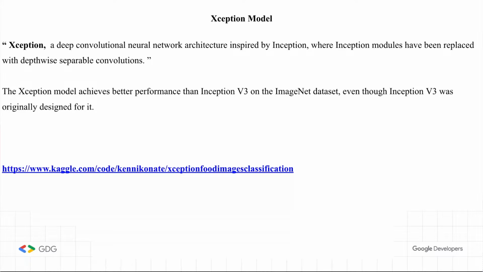We have the Inception model, the Inception v3 model, and the Xception model is a new model based on these models. It is a deeper model, and of course we will have higher accuracy compared to the other models I mentioned before.